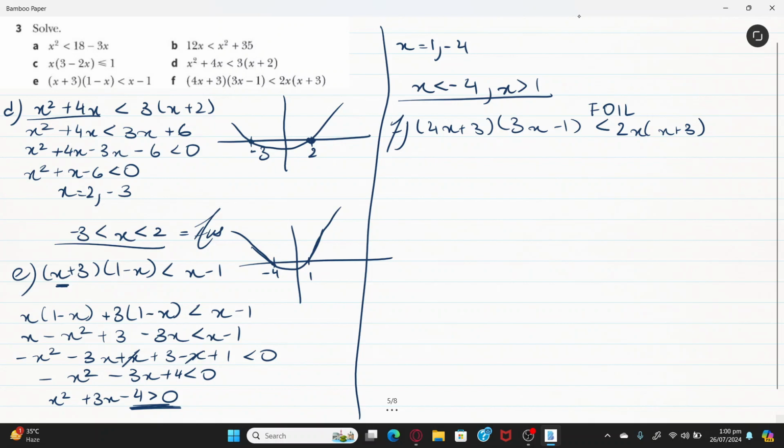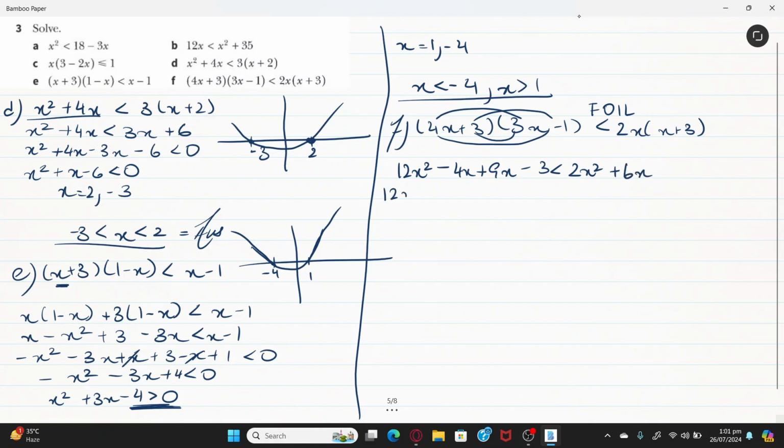So for the FOIL method, we multiply the two brackets. First is 4 times 3 is 12x squared. Outer is negative 4x. Inner is positive 3 times 3, which is 9x. And last is negative 3. And this is lesser than 2x multiplied by x, which is 2x squared, plus 3 times 2x, which is 6x.